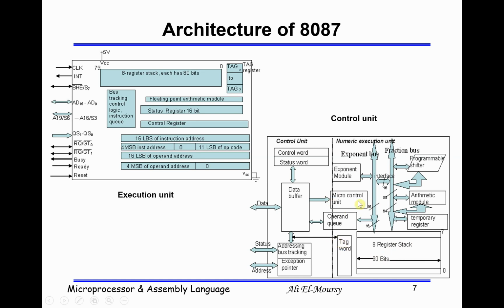There are definitely internal buses connecting these registers to the functional units that perform the operations. The arithmetic modules here perform the operations. We have some control word and status words that we will discuss in more detail. The mathematics here is too complex because you are doing mathematics for floating point numbers, and you are performing very sophisticated, complicated operations like calculating the log, the exponential, and the powers for floating point, which is extremely difficult in its mathematics, as a matter of fact.